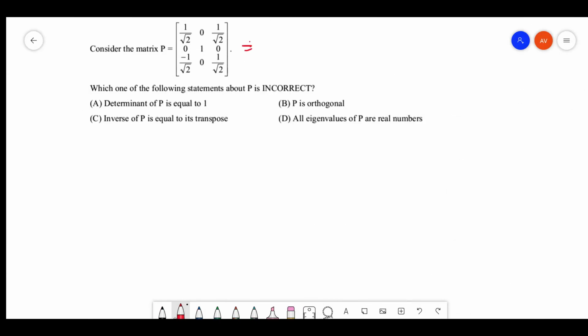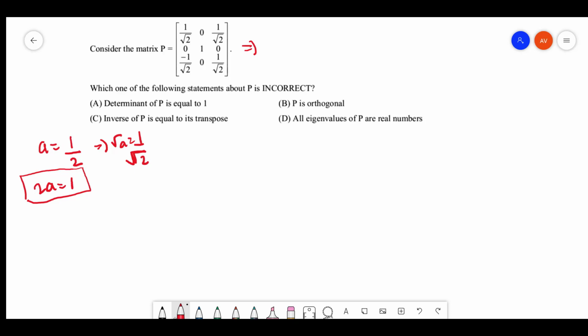Let's, for the sake of simplicity, assume that some variable a is equal to 1 by 2. That means 2a is equal to 1, and root a is equal to 1 by root 2. This is just for simplicity of writing.